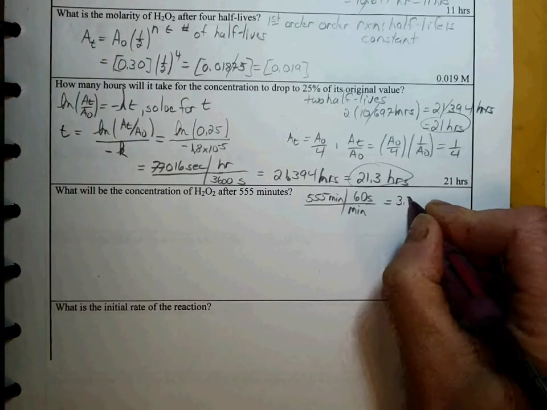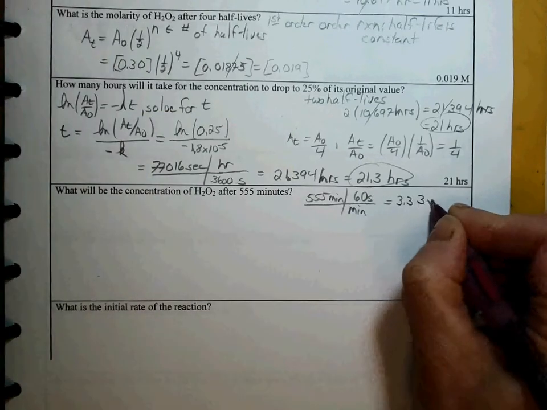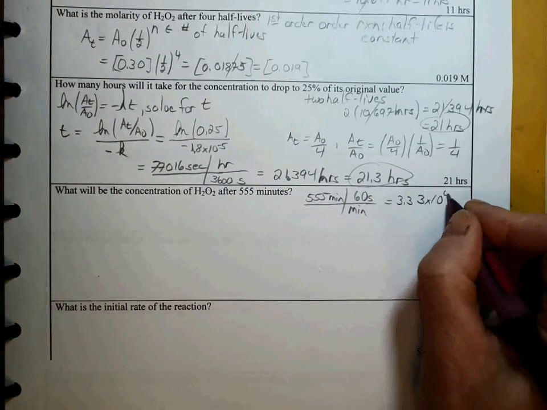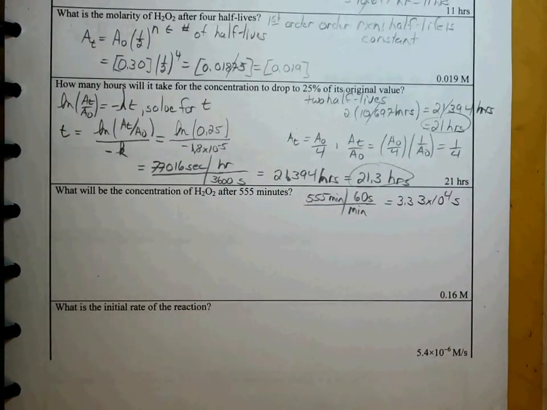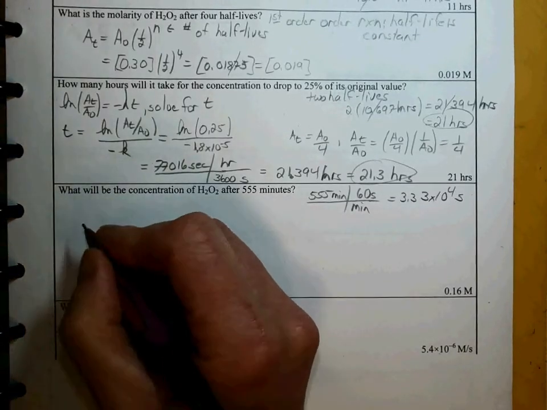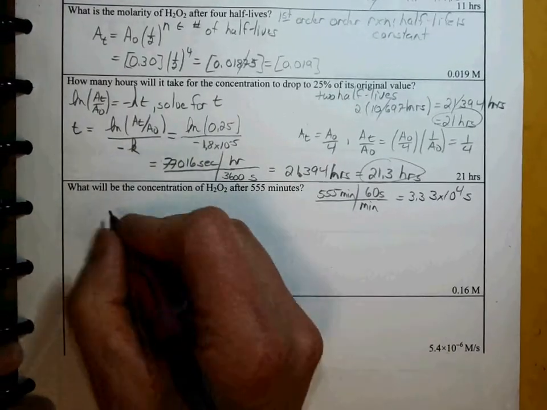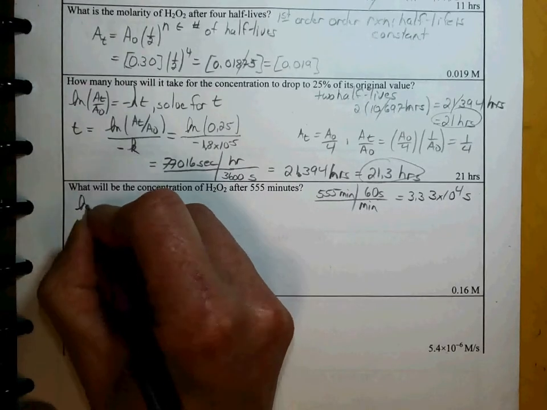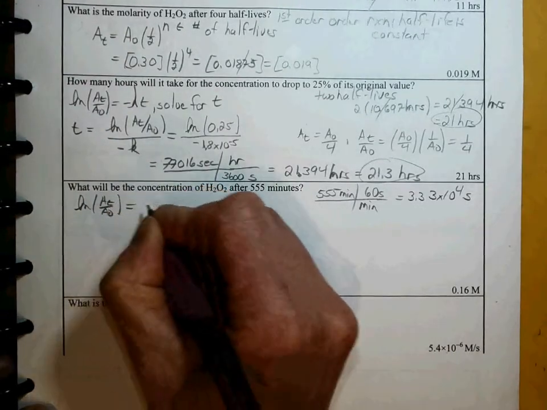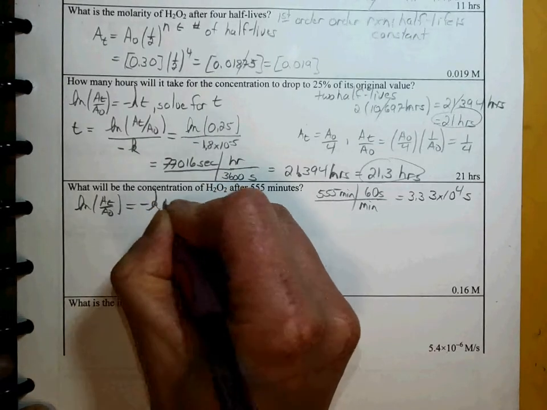That leads to 3.33 times 10 to the 4th seconds. Alright, so we can plop this into the integrated first order rate law. ln of A(t) over A0 is equal to minus kt.